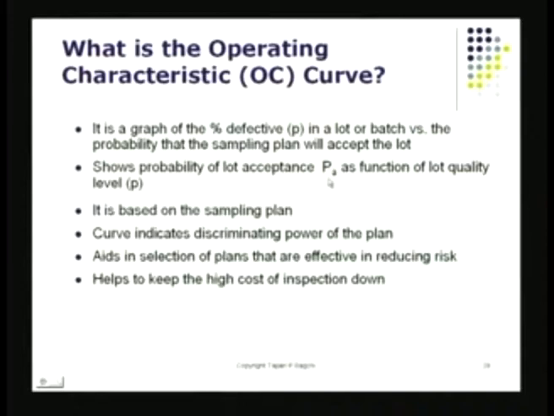And also you'd like this PA to be as small as possible when this lot quality is near RQL. These are the two considerations that you must have. In fact, the more the plan is able to reject lots at the RQL level, the more discriminating it is. It should accept most of the lots which are at AQL level. It should reject lots which are generally around RQL level. Then I'll say it's a good plan.